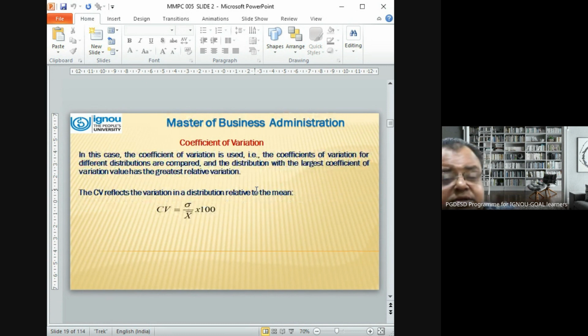In this case, the coefficient of variation is used. The coefficients of variation for different distributions are compared, and the distribution with the largest coefficient of variation value has the greatest relative variation. The coefficient of variation is given by sigma upon x bar into 100.